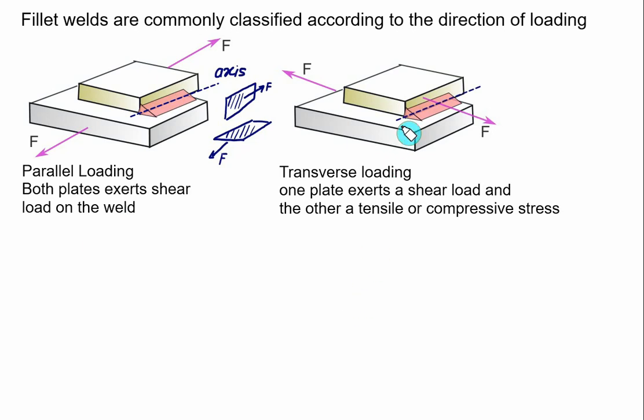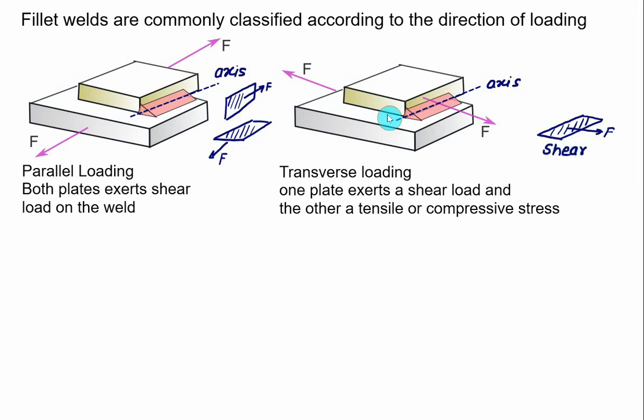When the axis of the weld is perpendicular to the direction of force, it is called transverse loading. On the bottom plane, the force is applied in the same direction as the area. Since the bottom plane and the force F are parallel to each other, shear is developed by the bottom plane on the weld.